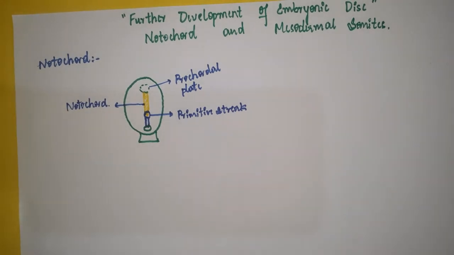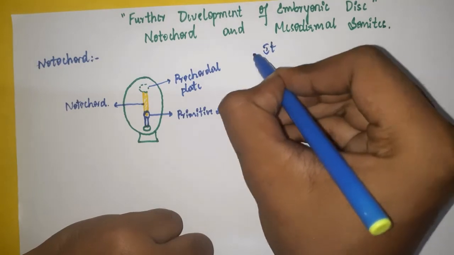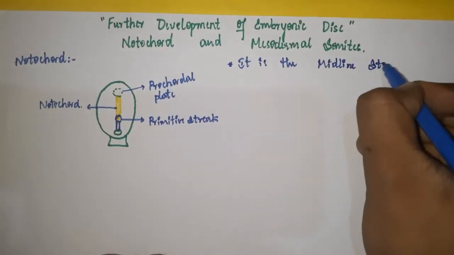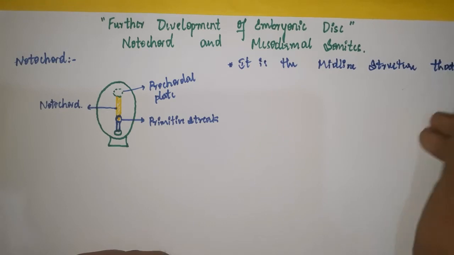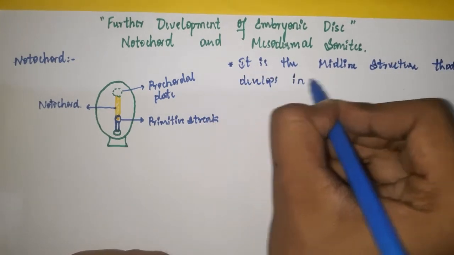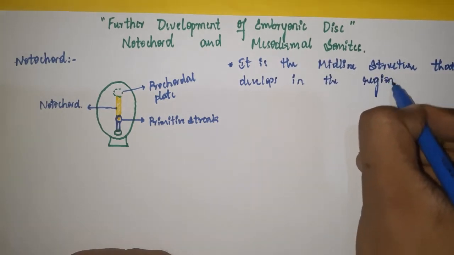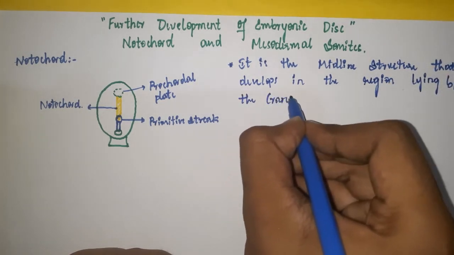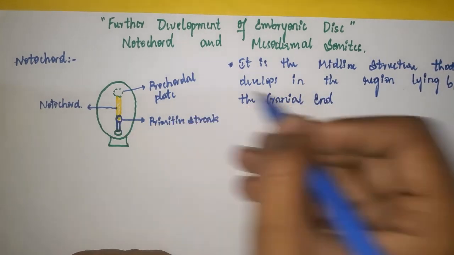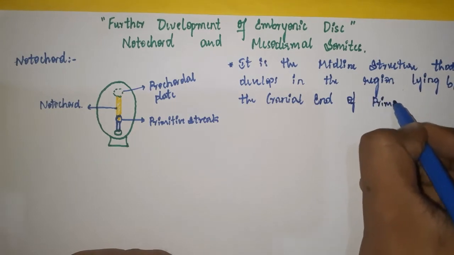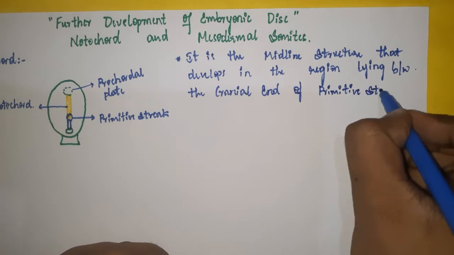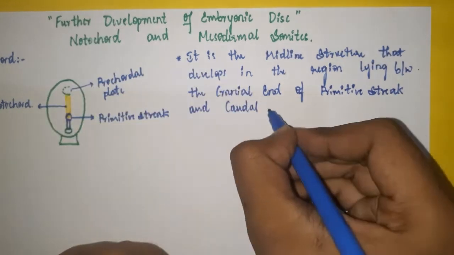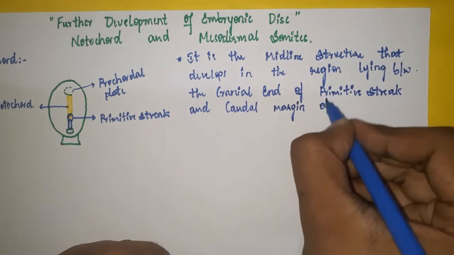You know where it is actually present. Okay, now the definition: it is the midline structure that develops in the region lying between the cranial end of the primitive streak and the caudal margin, or end you can call it, of the procaudal plate.